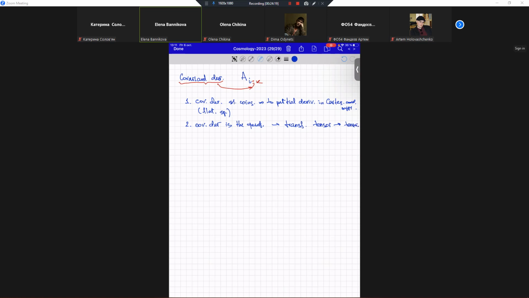When we go from one reference system, or one coordinate system, for example prime coordinate system, to non-prime coordinate system, we want to finally obtain the tensor characteristic.